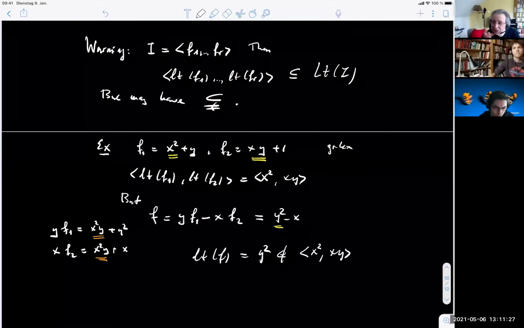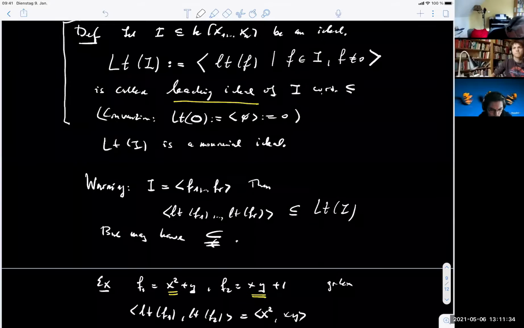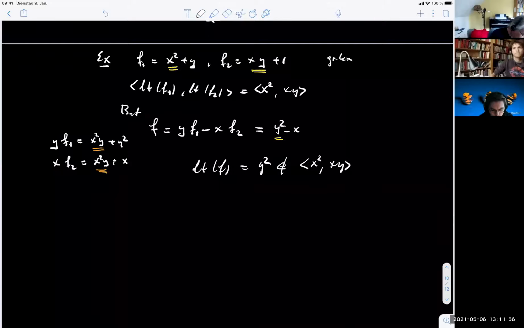Now comes the definition of a Gröbner basis. What is a Gröbner basis? It will be a finite set of elements of the ideal with the property that here I have equality. Those generating sets where equality holds are the nice generating sets, called Gröbner bases. Here is the important definition.